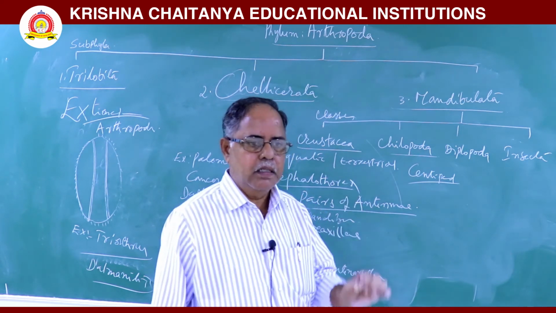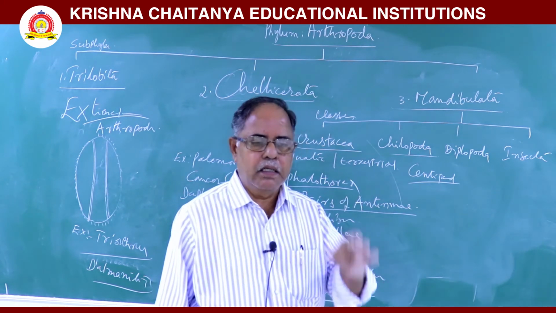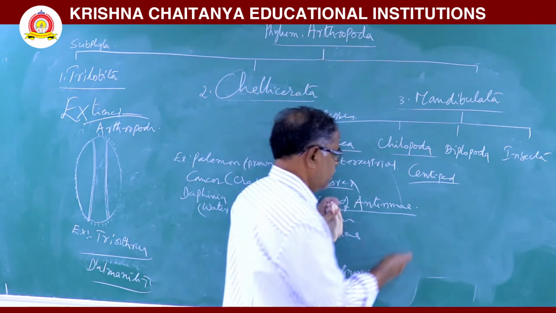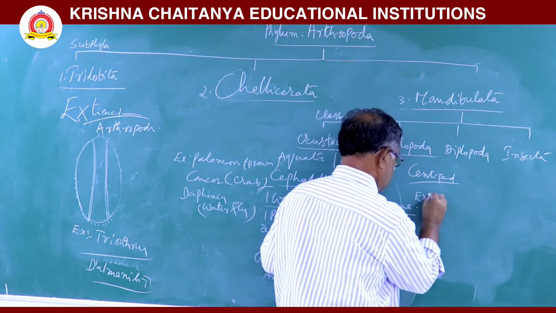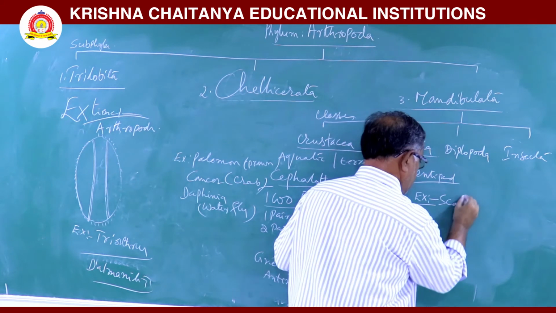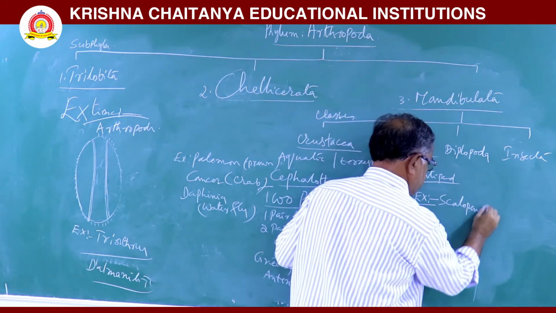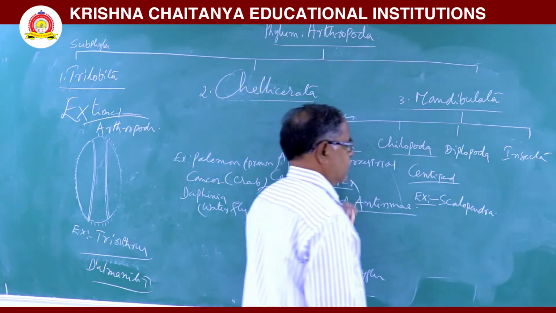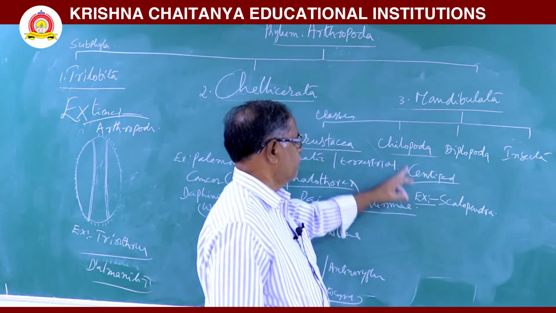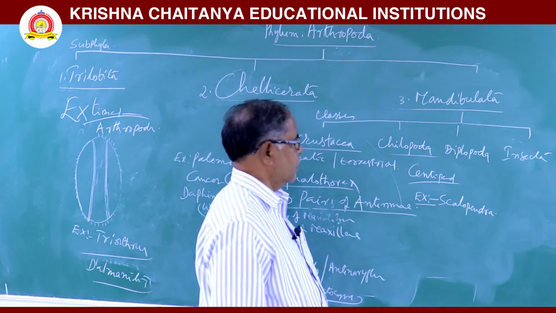The respiratory organs are trachea. The excretory organs are Malpighian tubules. Example: Scolopendra is an example for Chilopoda.